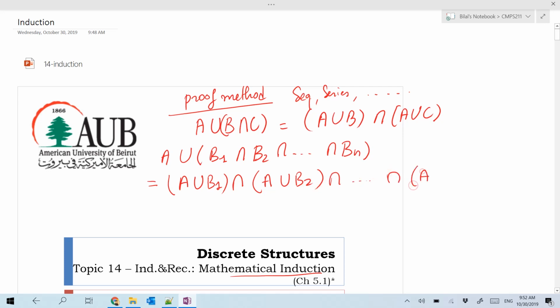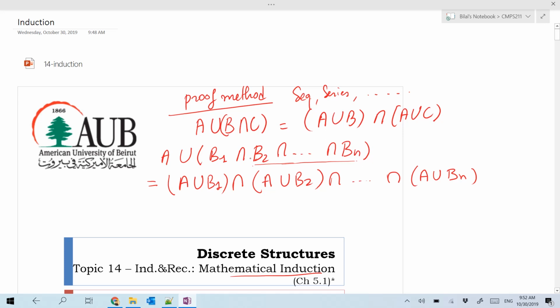A union Bn. So since the intersection operator is associative, we can put the parentheses around this part of the intersection. We can put it on this side, on that side, whatever we want, and it's commutative at the same time.